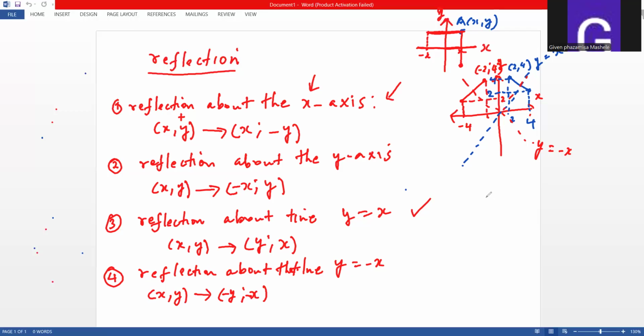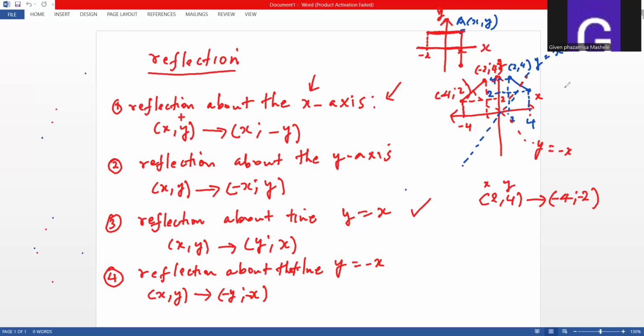So when we have minus 2 and 4, and we want to reflect about the line y equals to negative x, the x becomes the y and the y becomes x. So we have 4 and 2, but both become negative. That's why here we had minus 4 and 2. Why?